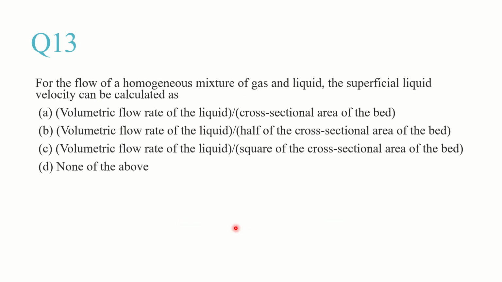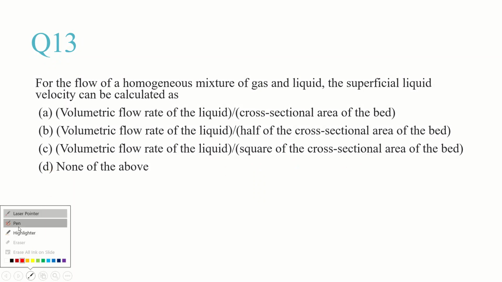Okay. For the flow of a homogeneous mixture of gas and liquid, the superficial liquid velocity can be calculated as: volume flow rate of the liquid by cross sectional area of the bed; volume flow rate of the liquid by half of the cross sectional area of the bed; volume flow rate of the liquid by square of the cross sectional area of the bed; none of the above.